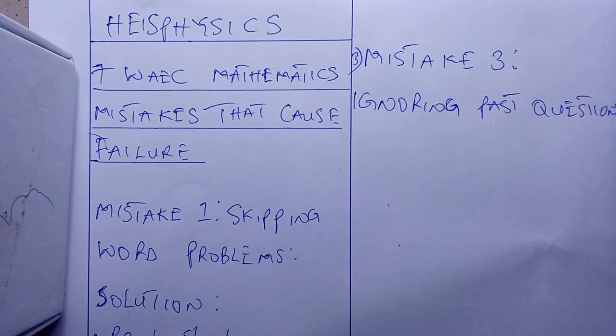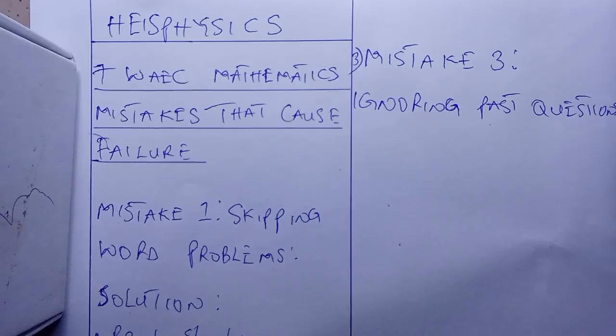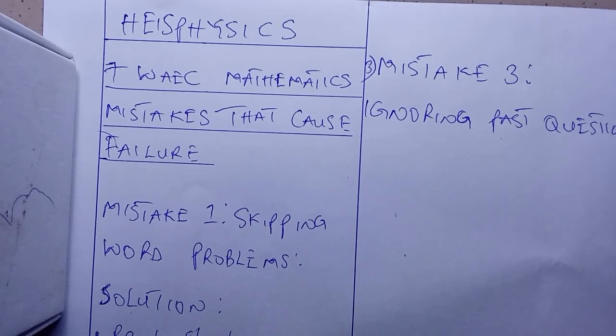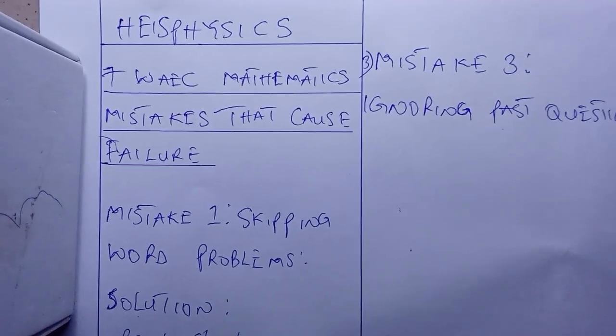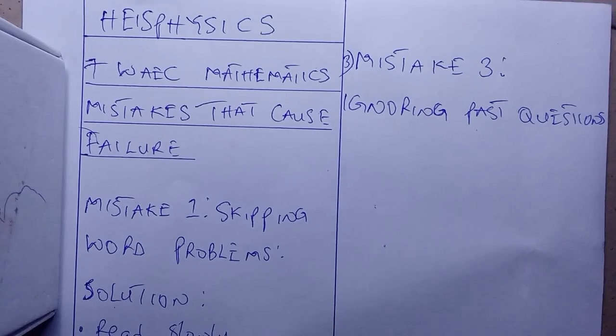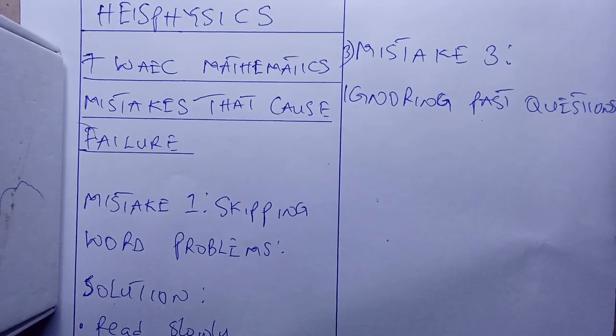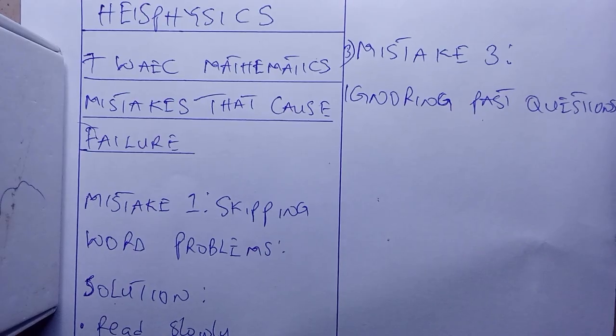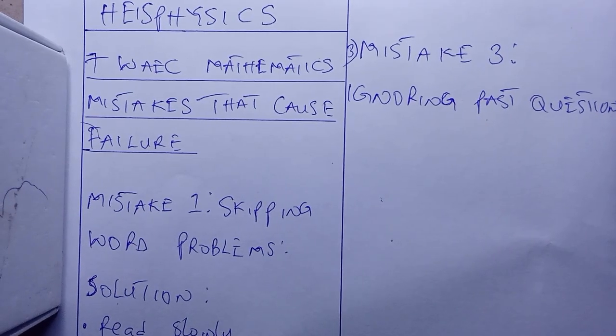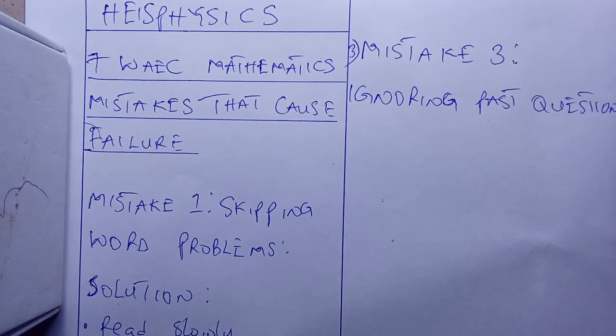This is a very, very common mistake. Most students believe that after reading their textbook or their notebook, they're good to go for WAEC. No. Ensure you practice your past questions. It's equally as important as reading your notebook. This is one of the biggest mistakes. Students spend all their time reading notes but never practice actual WAEC past questions.